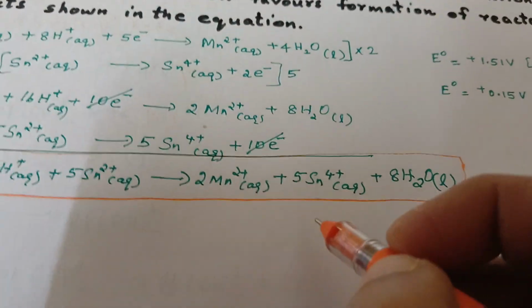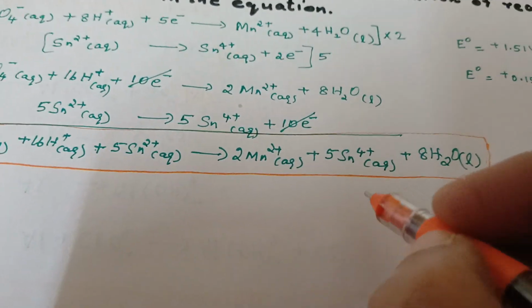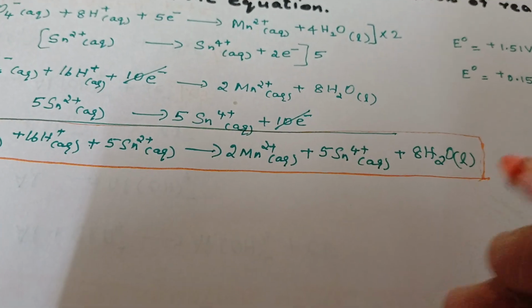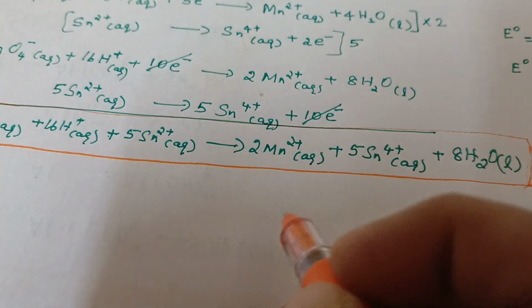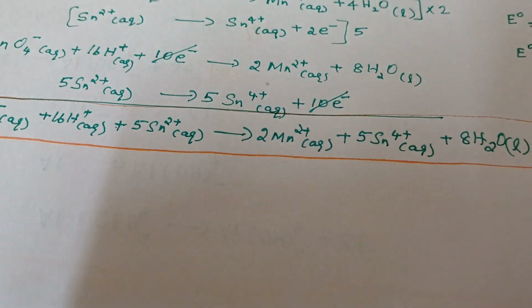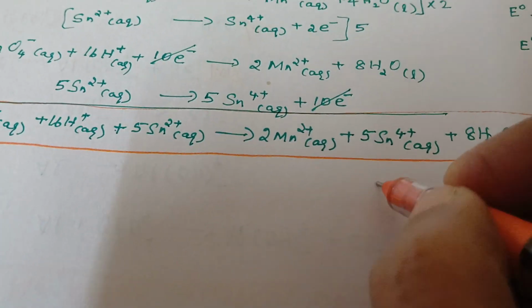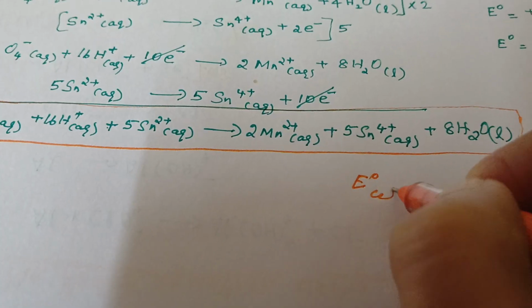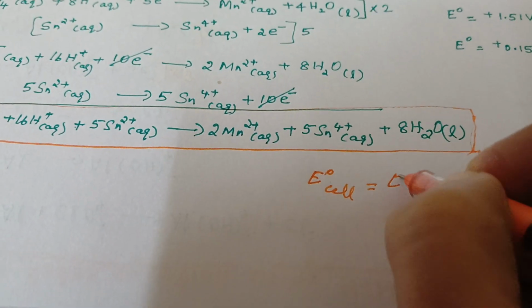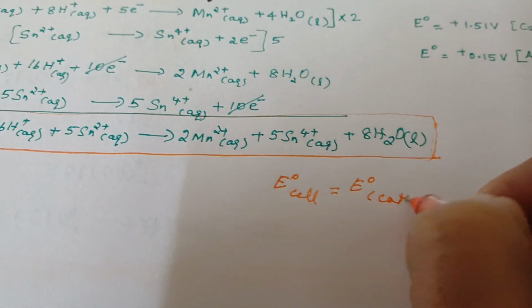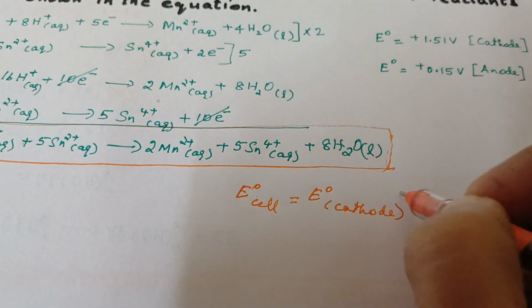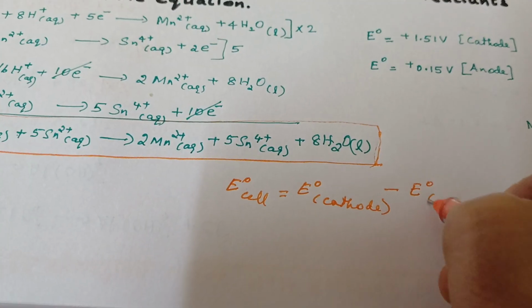We can do that if the E0 cell value is positive. We can see that this will go in the forward direction, that is, more products will be formed. So E0 cell equals E0 of cathode minus E0 anode.